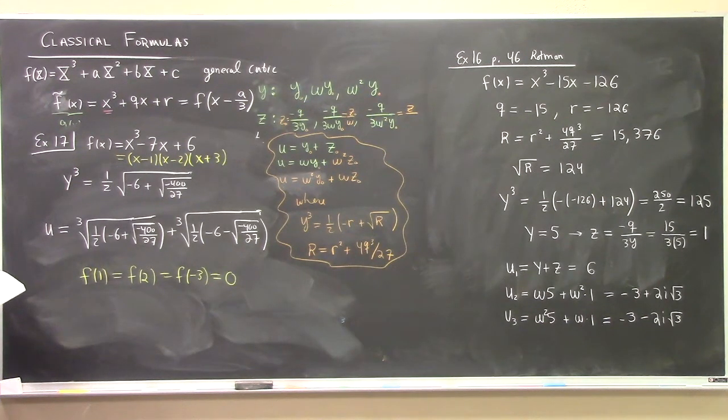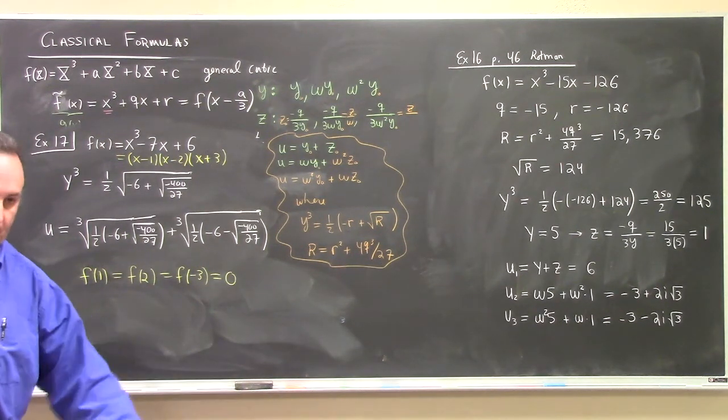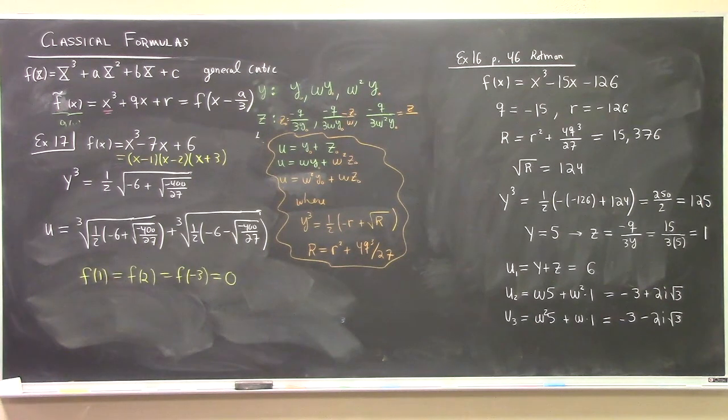I just need to know how this i pops out. So, the question is, is that 1? Is that 2? Or is that minus 3?